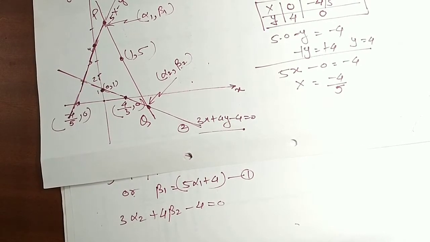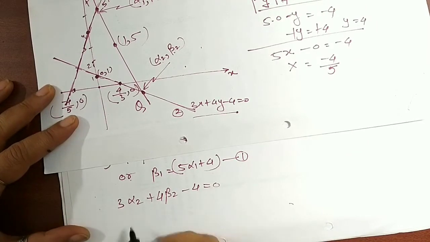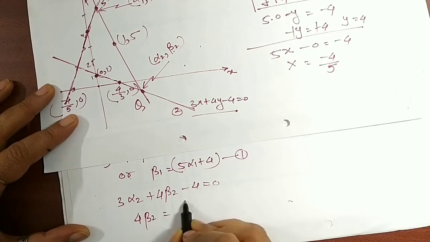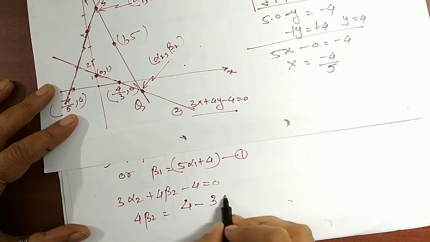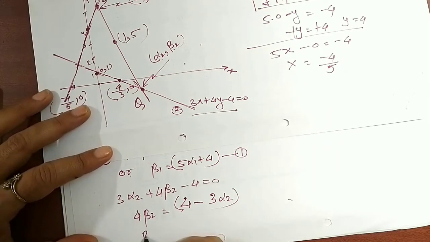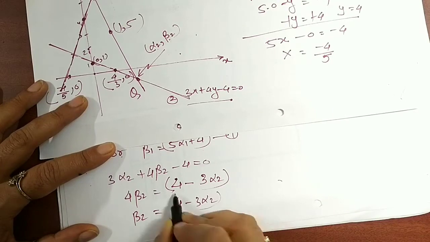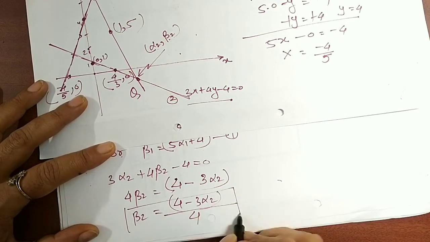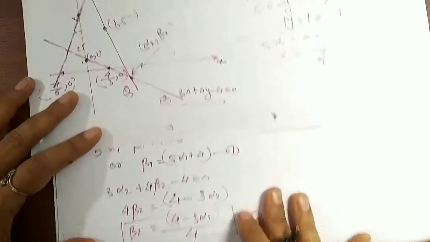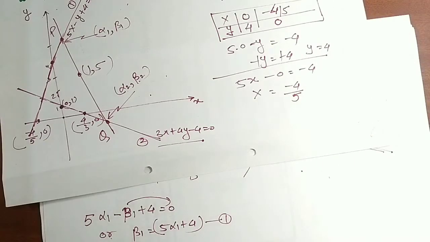Now let me take 4 beta 2 is 4 minus 3 alpha 2. So beta 2 is equal to (4 minus 3 alpha 2) by 4. This is beta 2, equation number 2. So beta 1 and beta 2 I got in terms of alpha 1 and alpha 2.